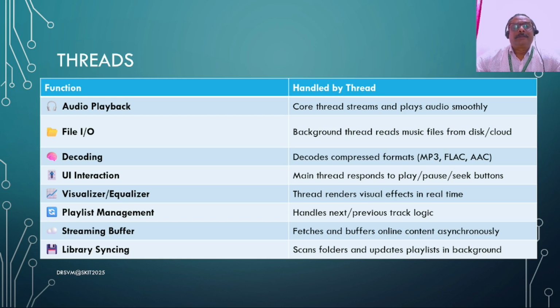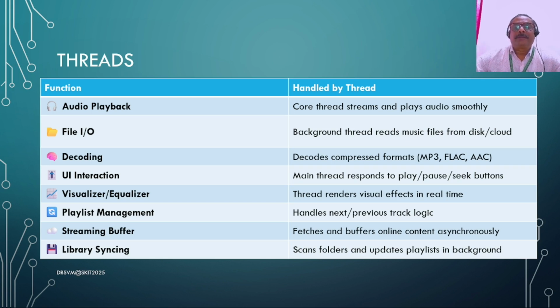Then there is another thread which is responsible for file IO. So in the background the thread reads the music files from the disk or the cloud and keeps the data ready before it is required. Then all the data we are talking about, music data, is usually encoded, and before playing it should be decoded.